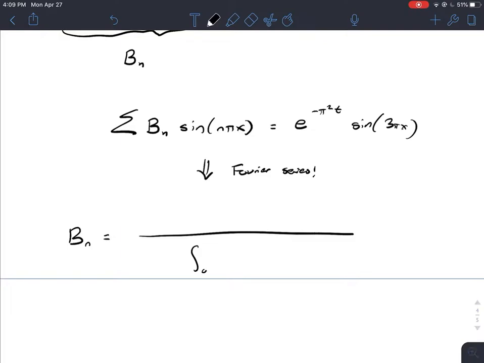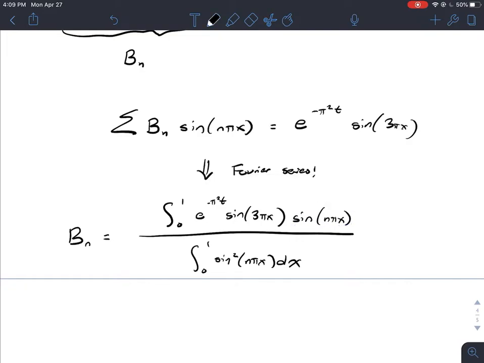It's going to be, on the denominator, the integral from 0 to 1 of sine squared n pi x dx, and on the top, the integral from 0 to 1 of sine n pi x times the non-homogeneous term over here, negative pi squared t times sine 3 pi x.